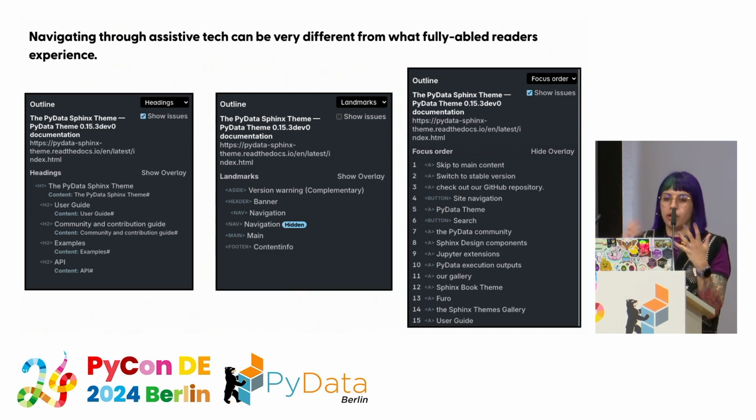All of those allow folks to interact with your content or perform actions in different ways. Right. So these are some of the essentials that people rely on when using assistive technologies to navigate and interact with your site.